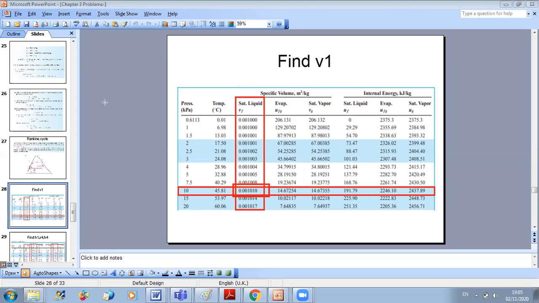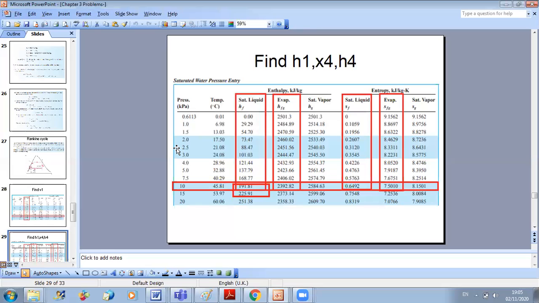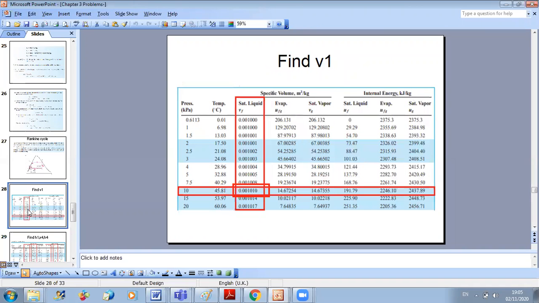Now, the next step is to find H1, because to calculate your different Q and W values afterwards, you need to find the enthalpies. So to find H1, we will also use the saturated water pressure entry because they gave us the inlet pressure. So we go now to the table of enthalpy, which is different from this one, because remember you have one table which gives you the specific volume, the internal energy.